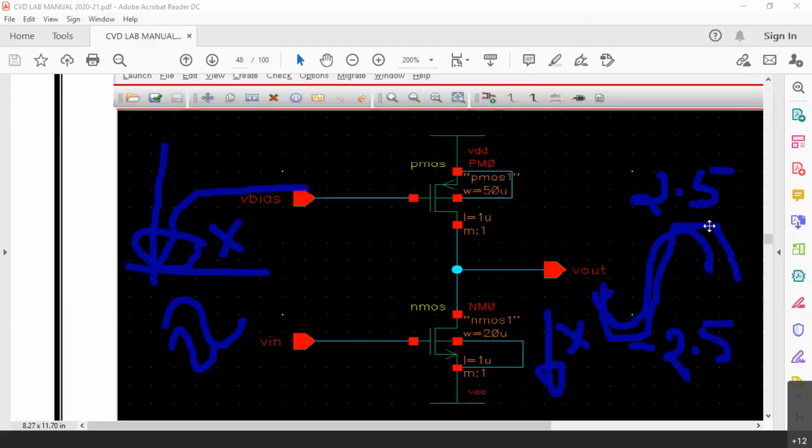Now that is an amplitude distortion. The amplifier is supposed to be a faithful amplifier. It should not give waveform amplitude distortion. But that happens if the input signal slightly rises, it may go into deeper triode region.